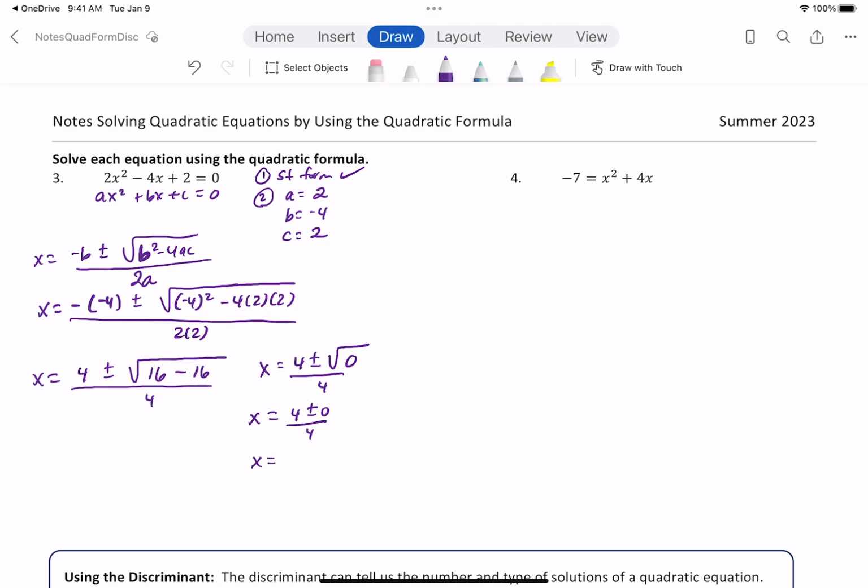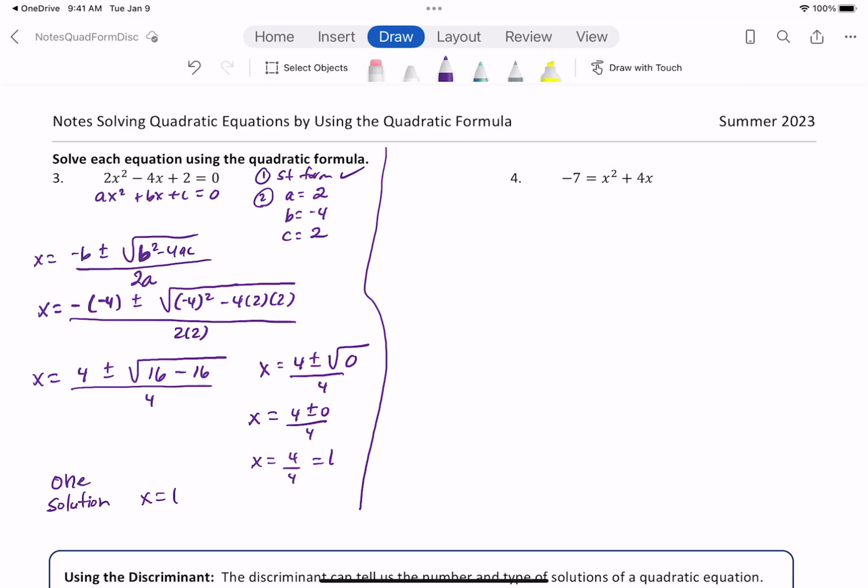So this is just going to leave me with 4 over 4, which equals 1. So this one has one solution, x equals 1. That'll happen anytime what's underneath your radical is 0.